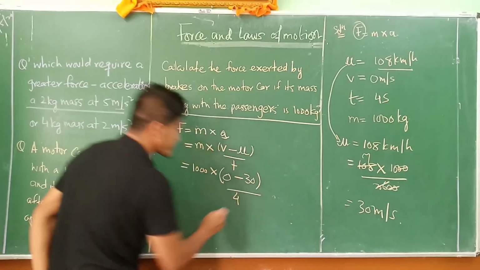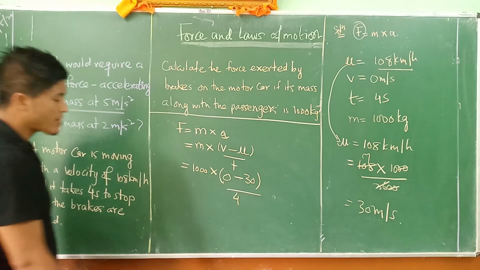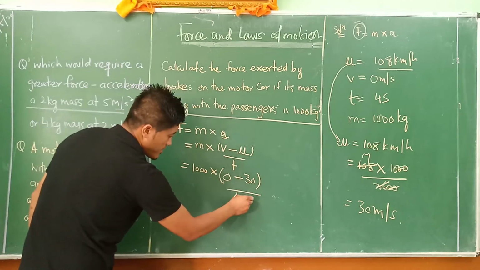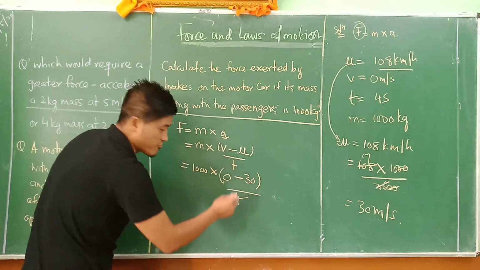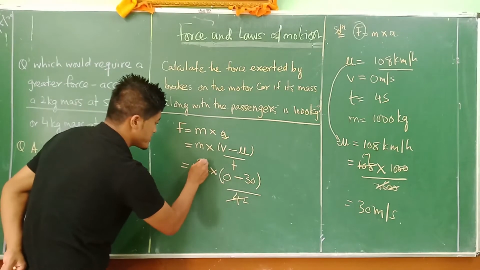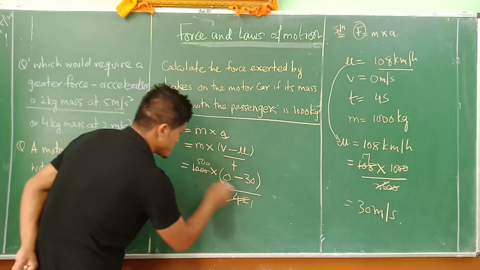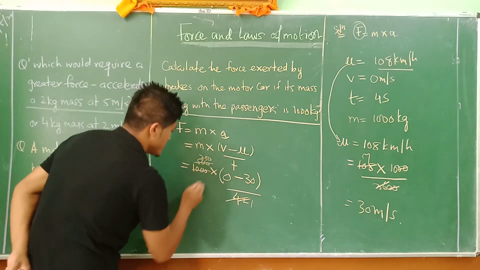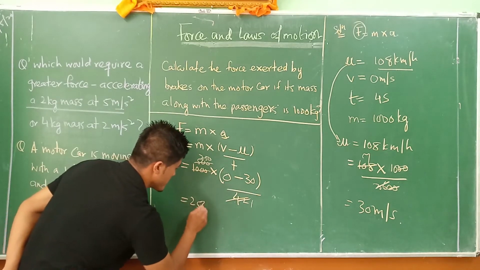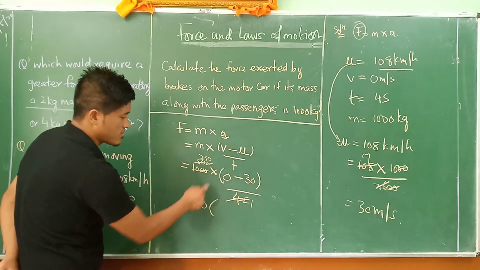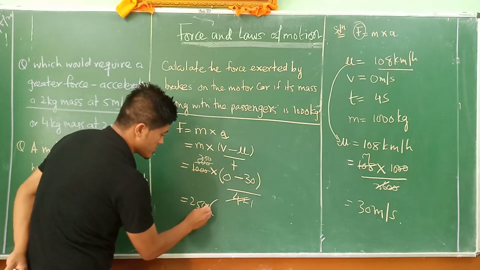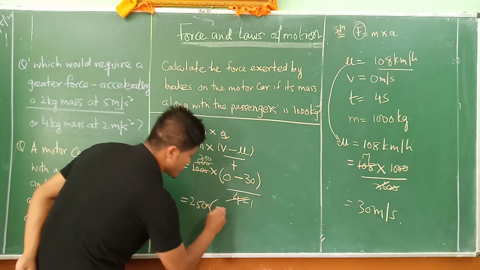Understand? Now we have to cancel this. I'll do it in a very simple way: 4 into 250 is 1000, so we get 250 into 0 minus 30, which is minus 30.